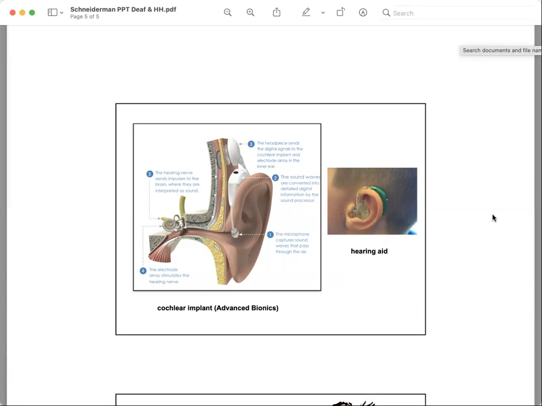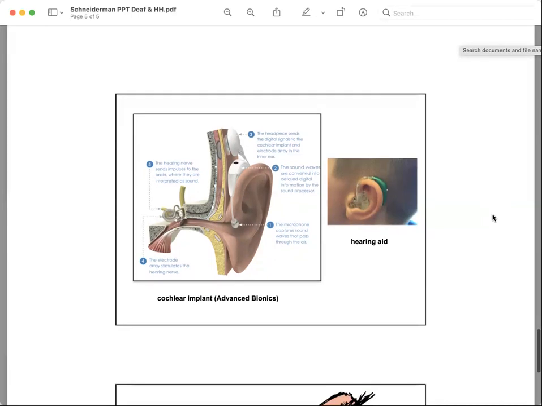With sensory neural hearing loss, there is damage to the auditory nerve fibers or to aspects of the inner ear itself, and the damage can result from many factors. The inner ear is really important because this is where the sound is taken in and sent to the brain for processing.